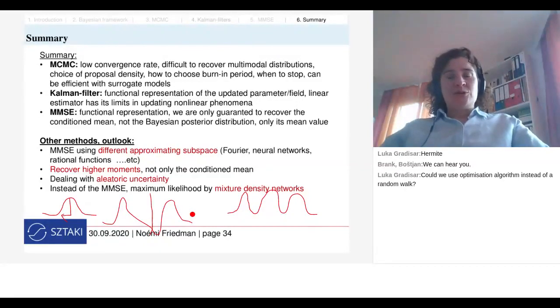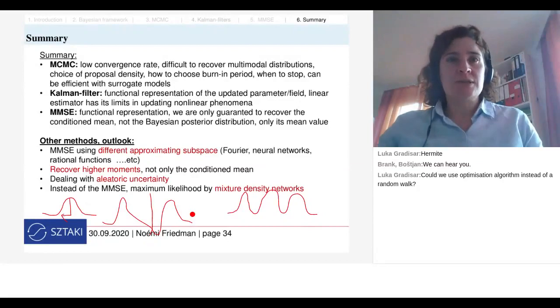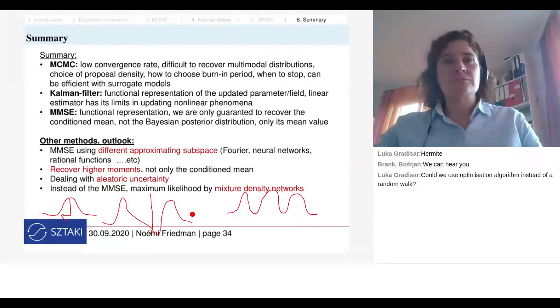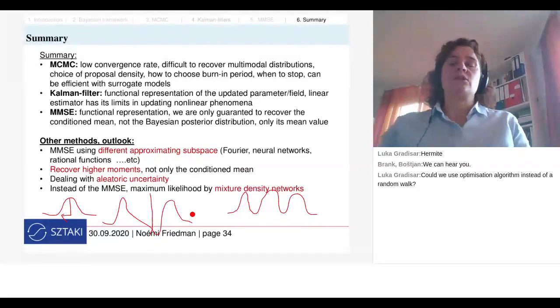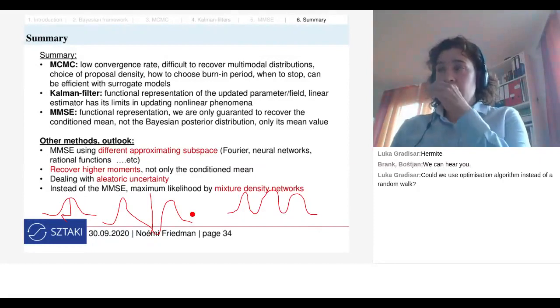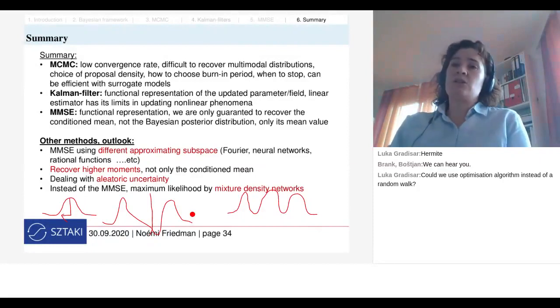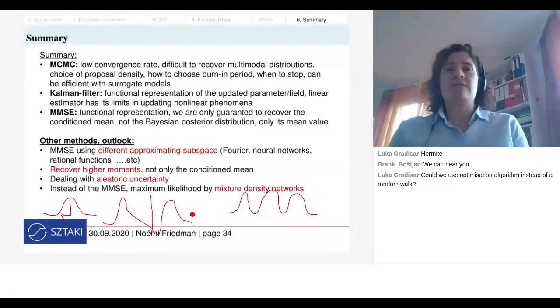Could we use an optimization algorithm instead of a random walk? I told you, you can always do optimization. So what you do when you do optimization is that you get one deterministic value.